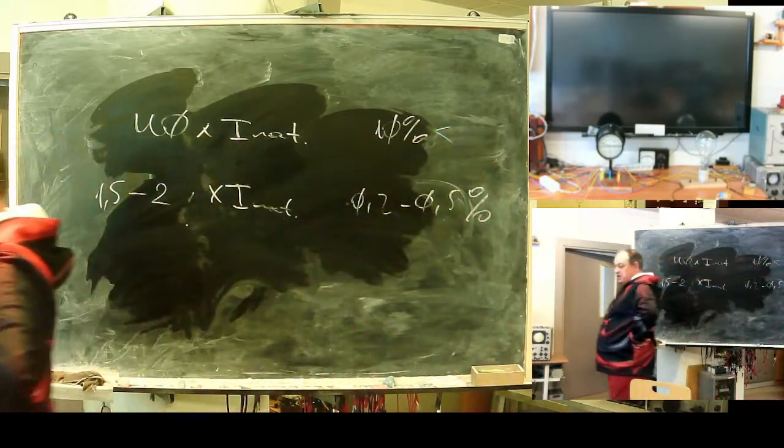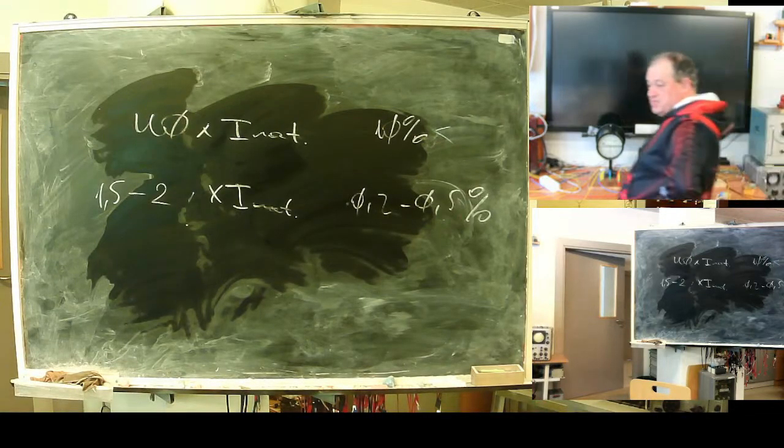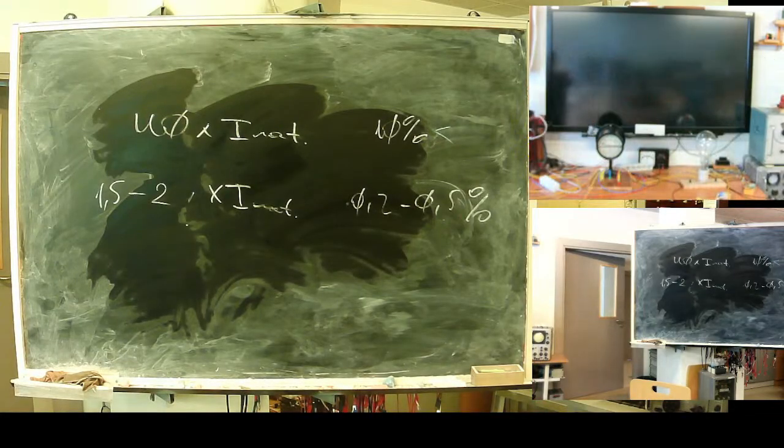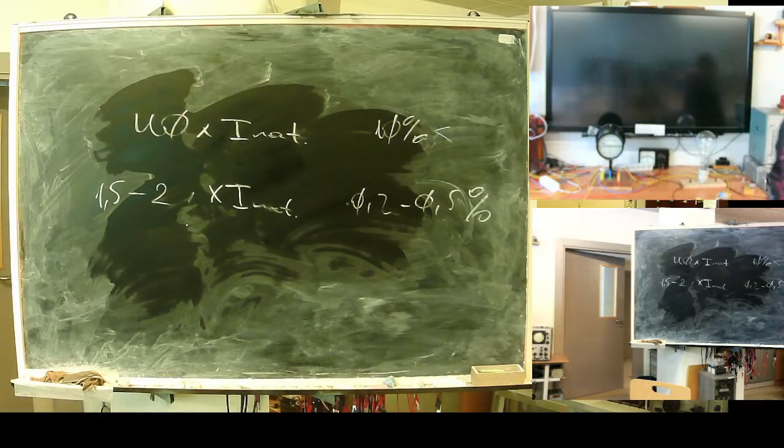In case of metering, you need to ensure high precision but within a small range. In case of protection, high dynamic range but easier on precision.